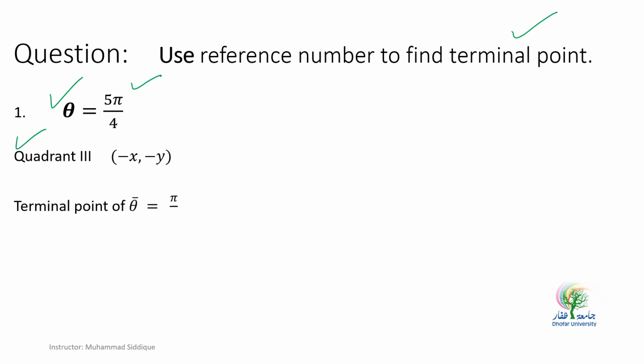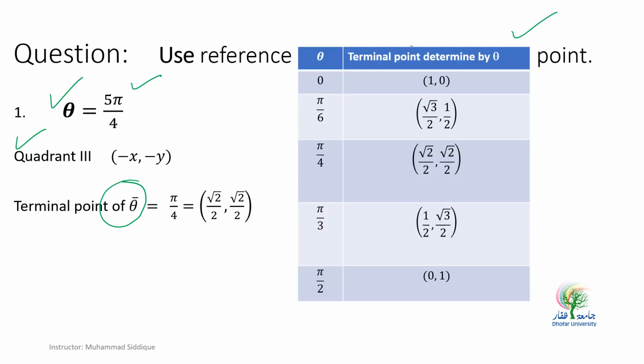So for the terminal point, we have to find the reference angle. The reference angle pi by 4 has terminal point square root 2 by 2, square root 2 by 2. This is from the table, we remember. And I have theta 5 pi by 4, so it is in quadrant 3.